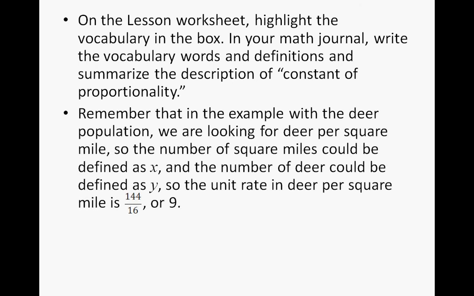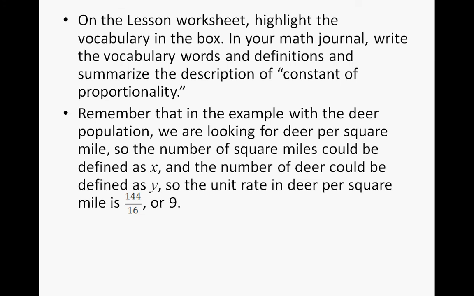Alright, so remember that in the example with the deer population, we are looking for deer per square mile. So the number of square miles could be defined as X, and the number of deer could be defined as Y. So the unit rate in deer per square mile is 144 divided by 16, which simplifies to 9.